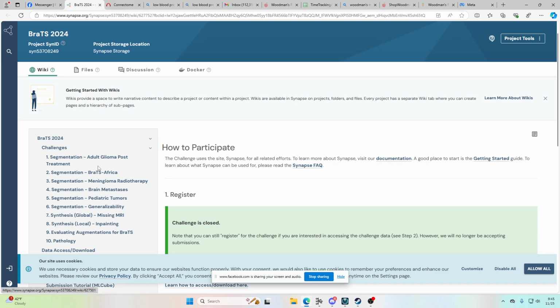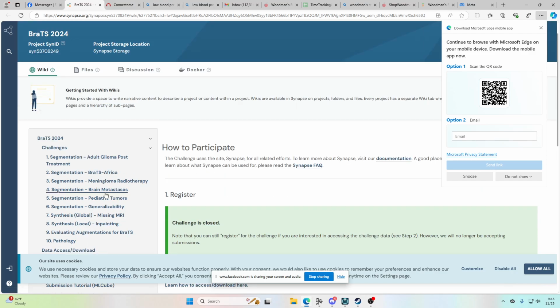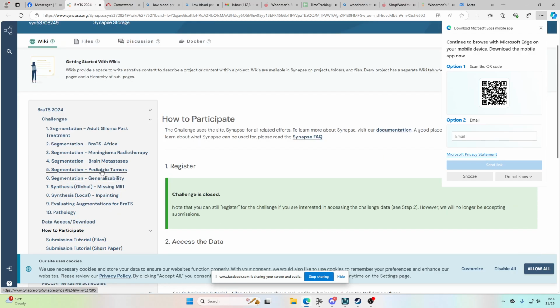So there's a few dozen patients with brain cancer, glioma. They got MRIs, and then segmentation, pediatric tumor, brain metastases, different brain tumors.